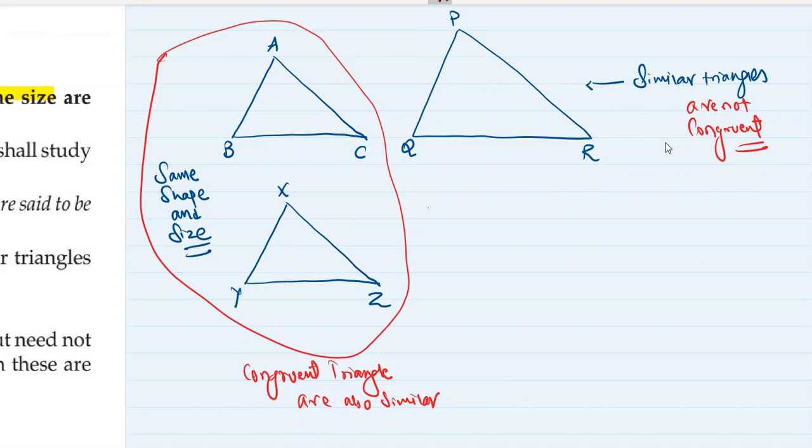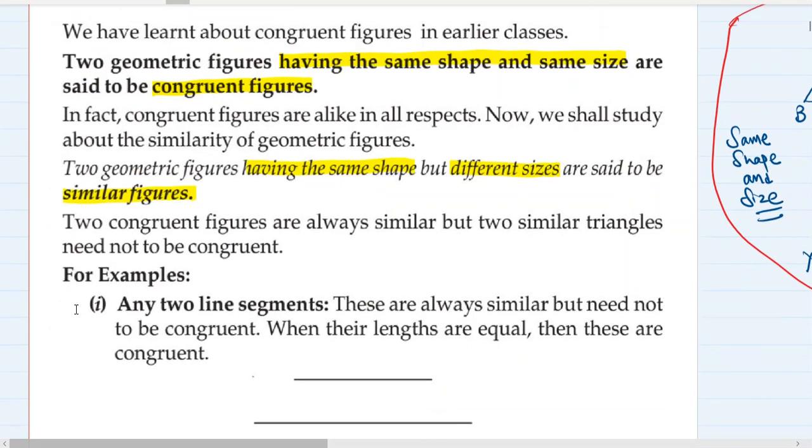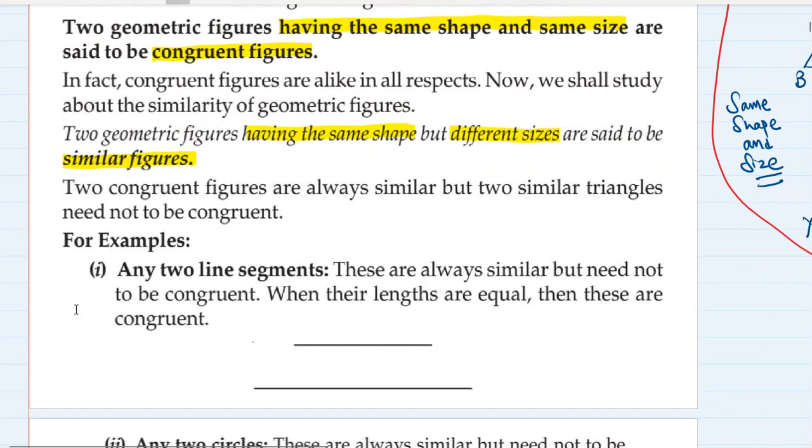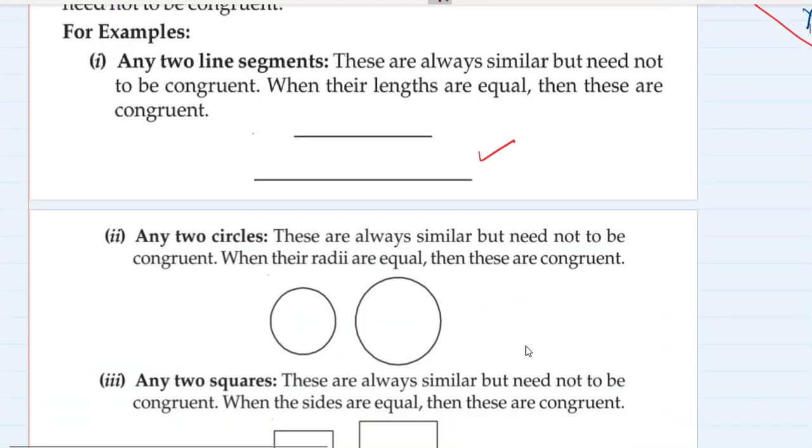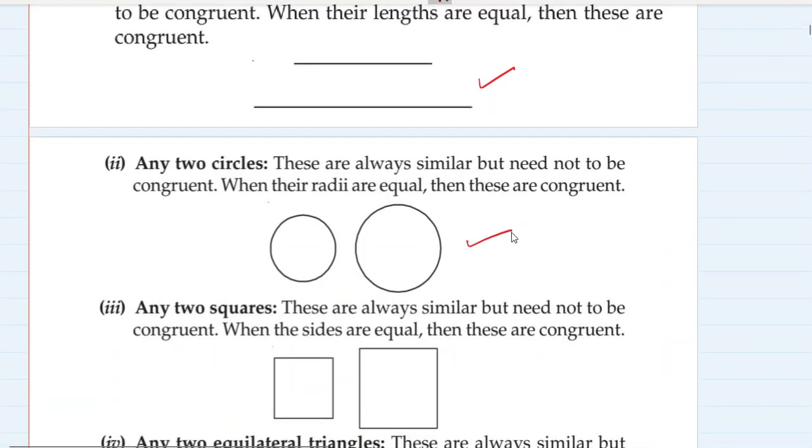Okay, so I hope that now you know what is similarity. The word similarity itself says that they are equal but not completely equal. They are alike but not completely equal. Now which are the examples of two similar figures? Similarity can always exist between any two line segments. Two line segments are always similar. Two circles are always similar.